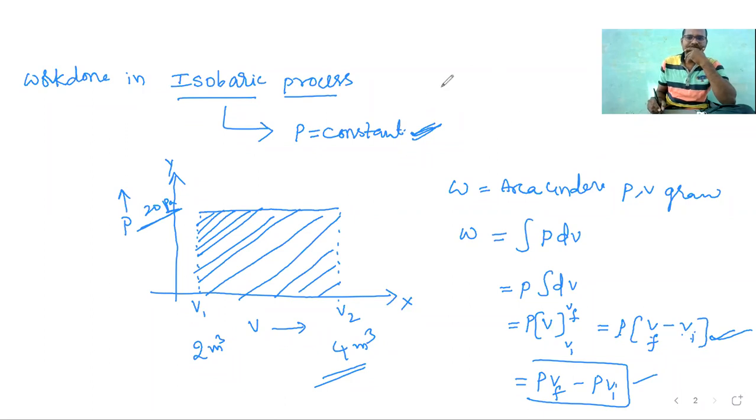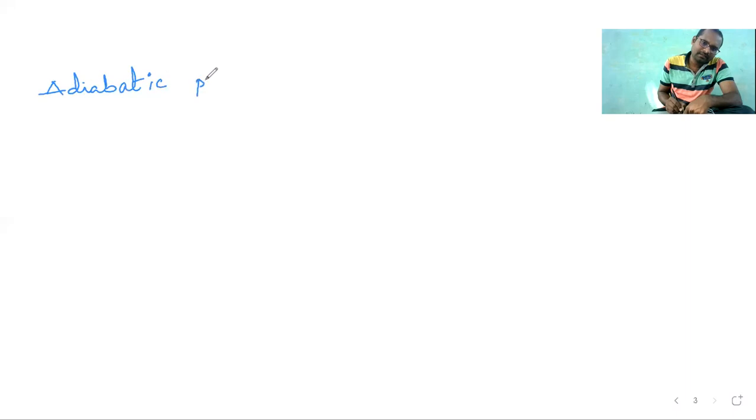Next, let us move on to a very important topic, that is adiabatic process. It is a very important process, so you need to listen very carefully. What is adiabatic process?